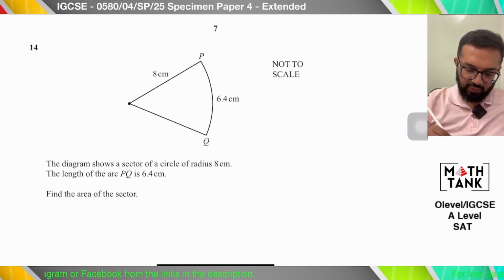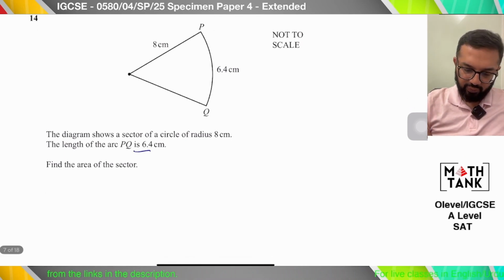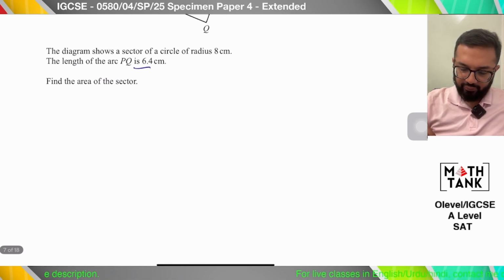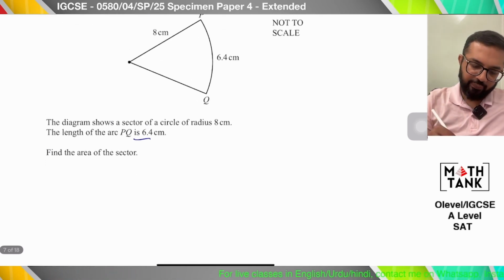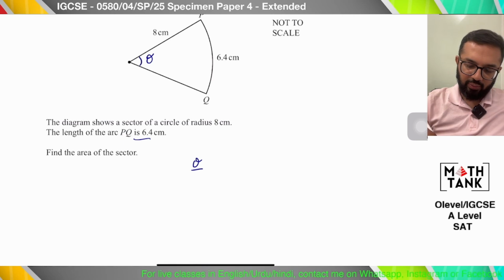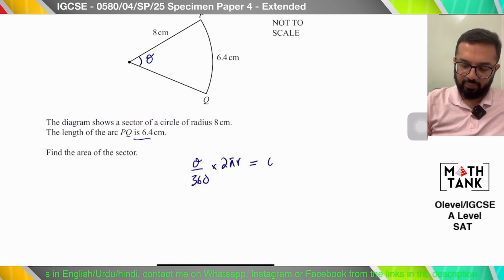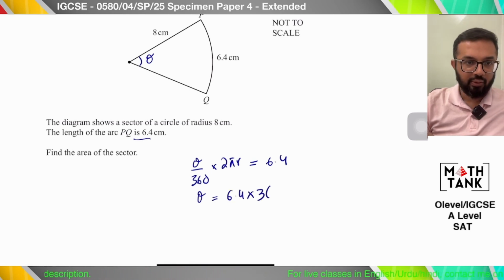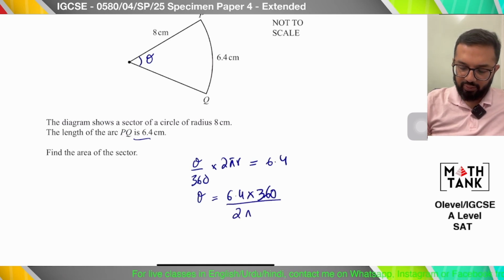Area of the sector, the length of the arc is 6.4. So I am going to first figure out what the angle theta is. So theta over 360 into 2 pi r should give me 6.4. Pi and r is 8.